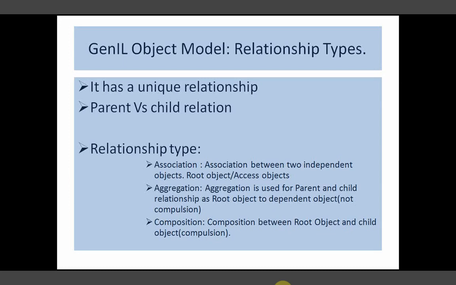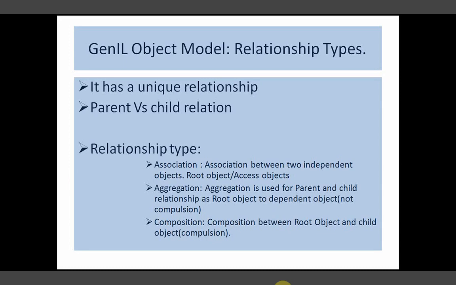If we see from the father, he is the son, and if we see from the son, he is a father. So the relationship name differs when we see from different objects' views. If we are viewing from a root object to another object, the relationship will be different. So the relationship is always unidirectional, not bidirectional.